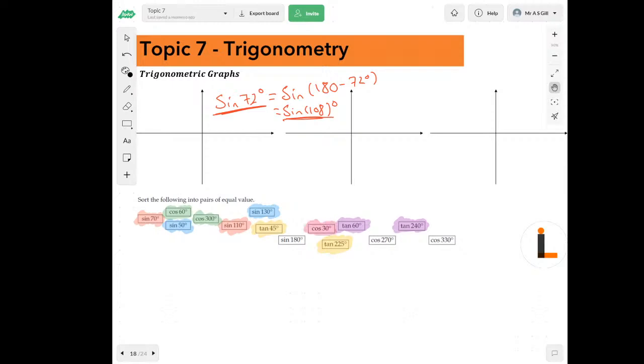And then we've got one that goes across different functions, this last one here to finish. Sine 180 and cos of 270 are both 0, so we can match those up as well.